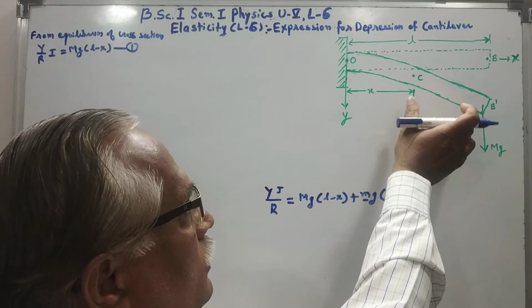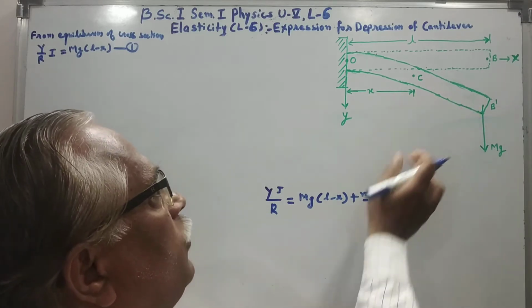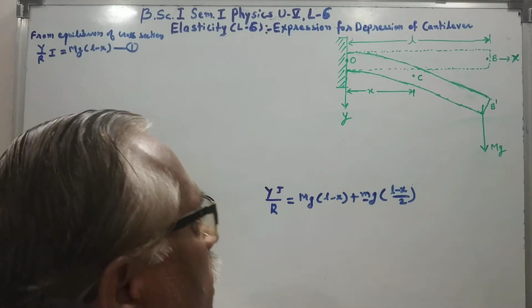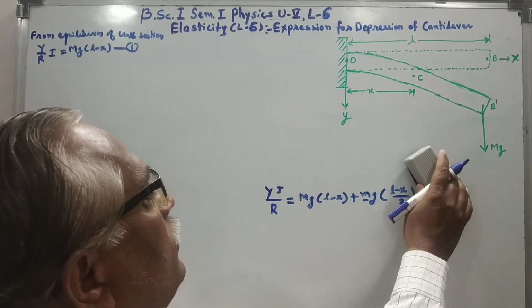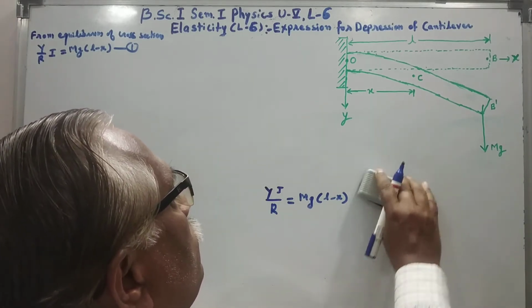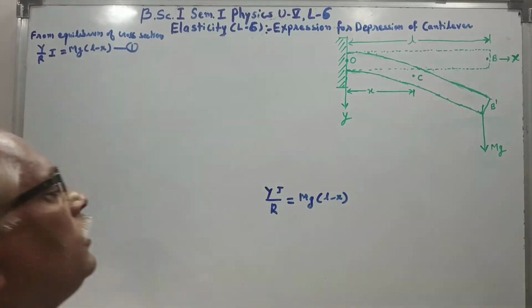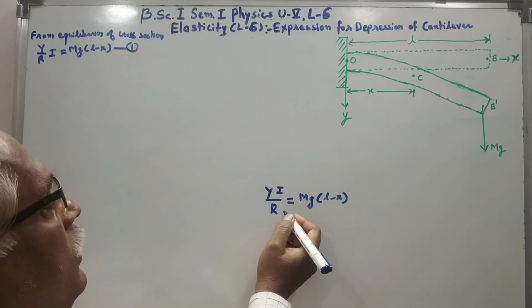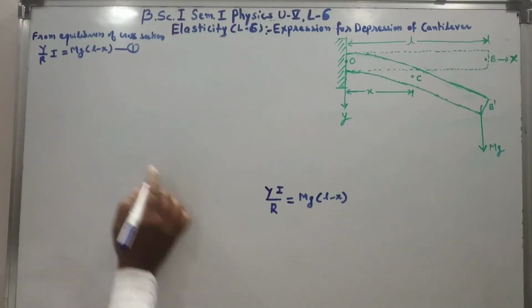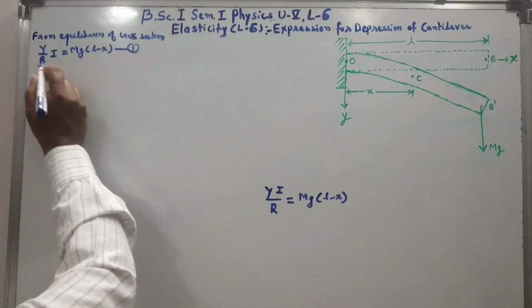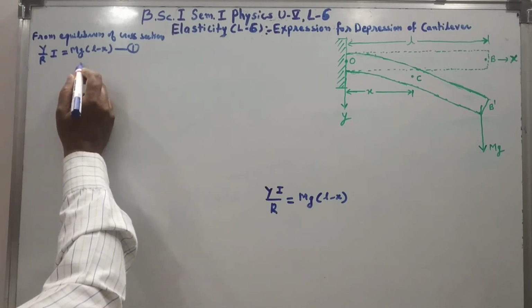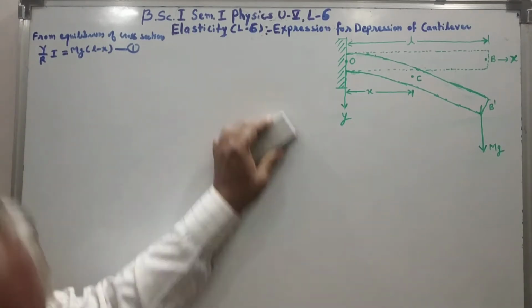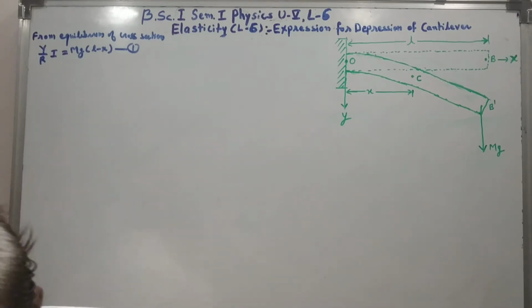If the beam is light, this mass can be neglected, and neglecting this component we get Y into I by R is equal to Mg into (L minus x). This is equation number 1.